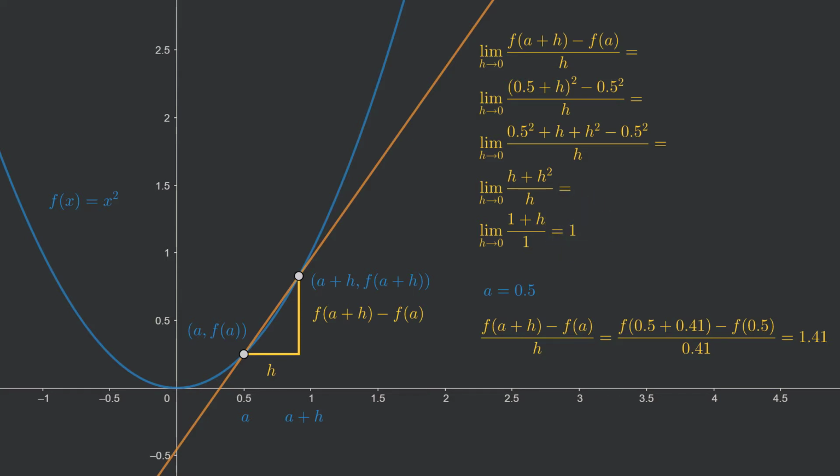Well, now you probably think, what a hard and complicated procedure to find a simple derivative of a simple function at one point a, in this case a equals 0.5. And maybe you know already that the derivative of f of x equals x squared is f prime of x equals 2x.